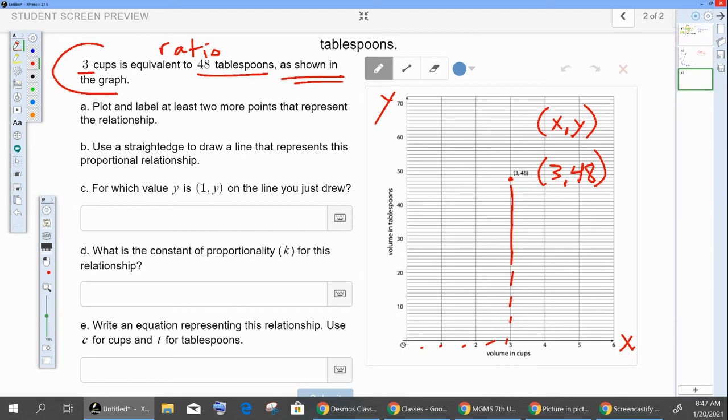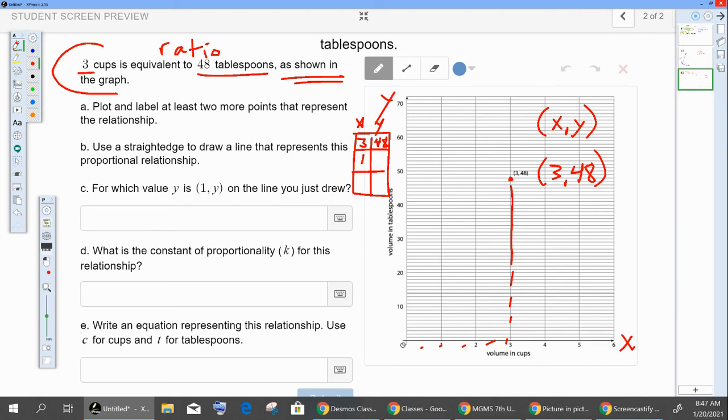Now it says plot and label at least 2 more points to represent the relationship. Well, that's hard to do out of the blue. So what I would do is maybe set up a little table on my paper to the side and organize my thoughts that way. And if 3, 48 is the ratio, then I can figure out, what if it's only 1 cup?